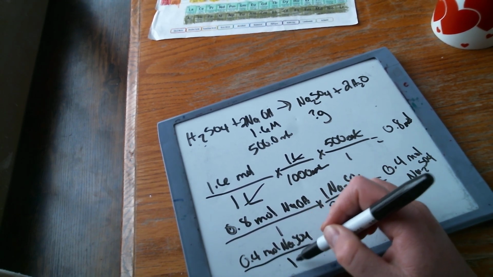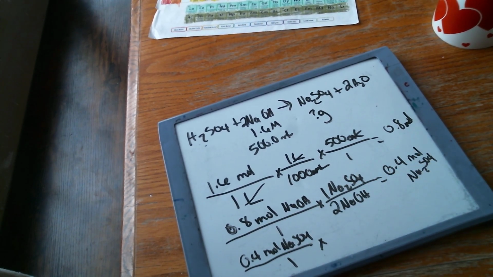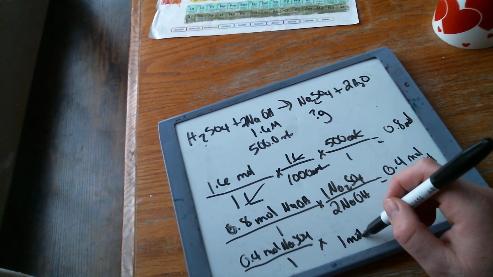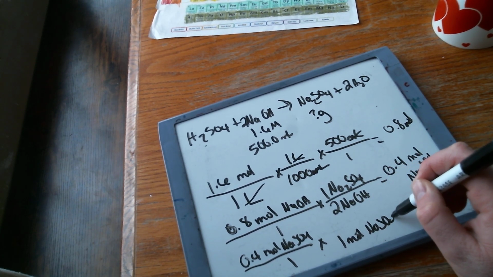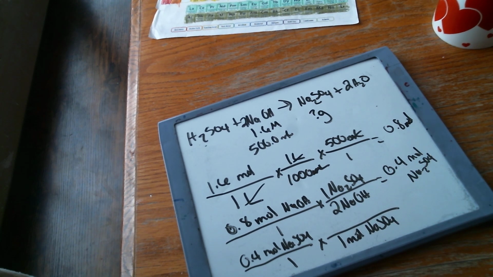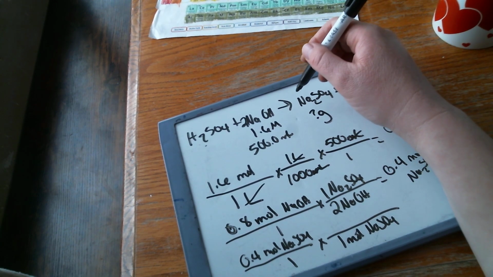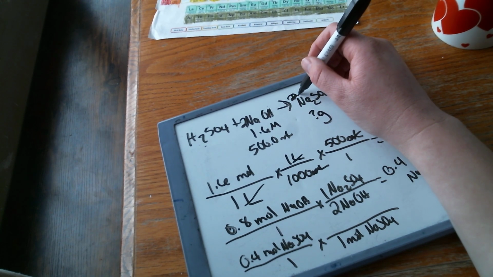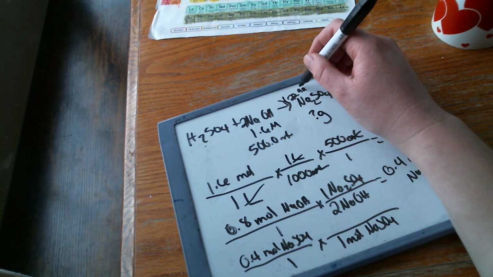So if we have this many moles, we know that 1 mole of Na2SO4 is what? We just got to find our atomic mass units of these. Sodium is 22.99, and there's 2 of those.